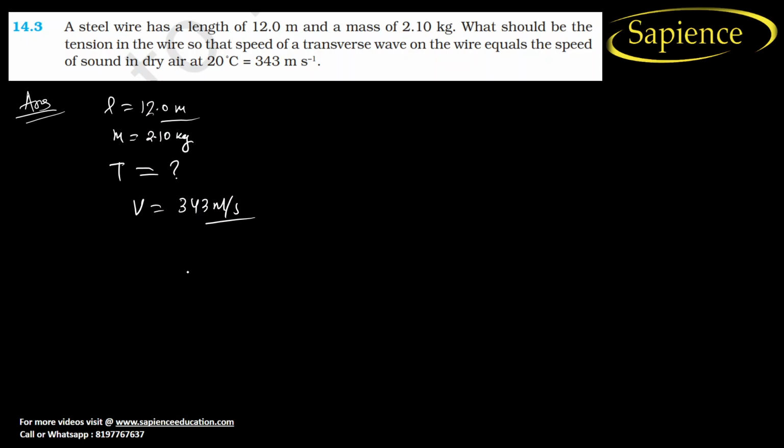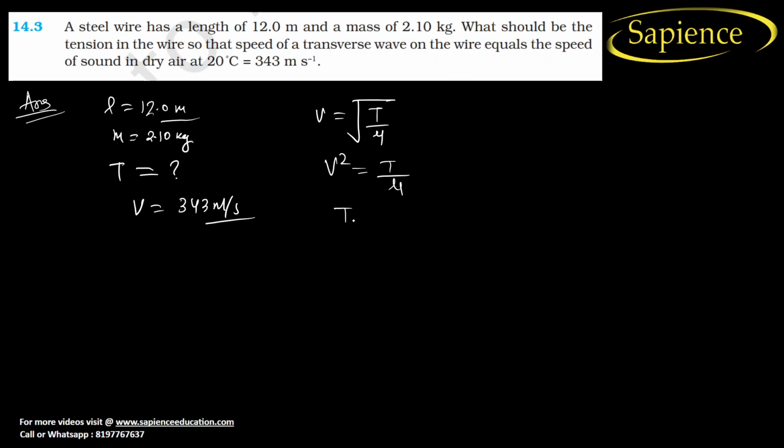So we want tension. We know the famous formula for tension is equal to root V by mu. No, sorry, it is not V by mu. We know that the velocity of the wave is equal to root under tension by mu. So we will use this formula. So V square will be equal to tension by mu.